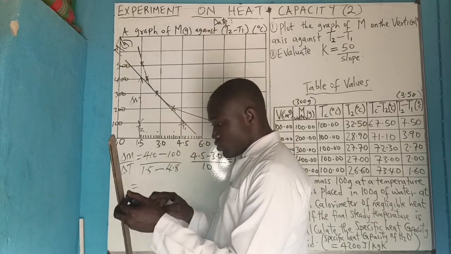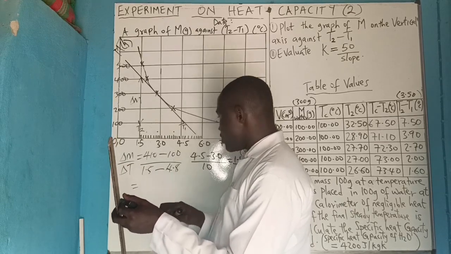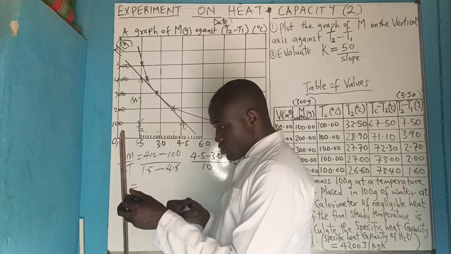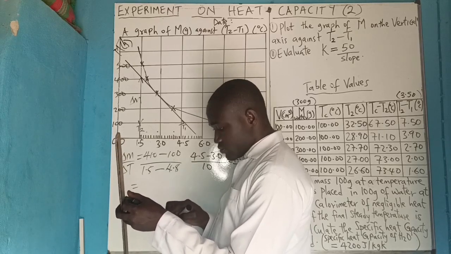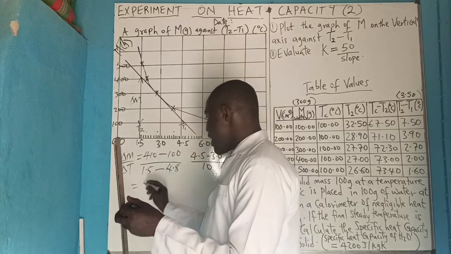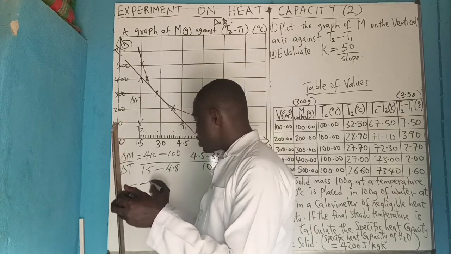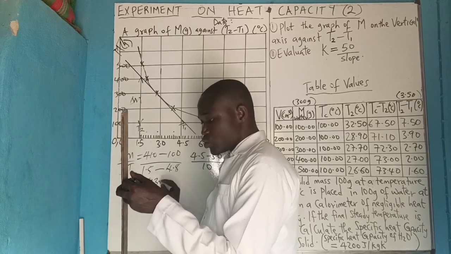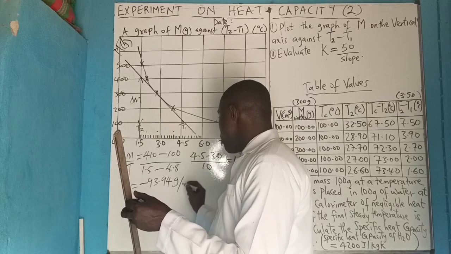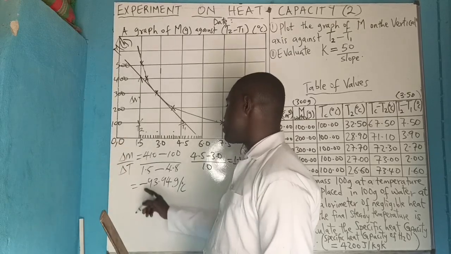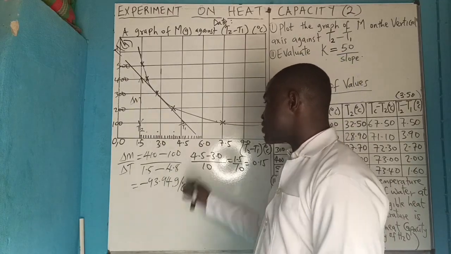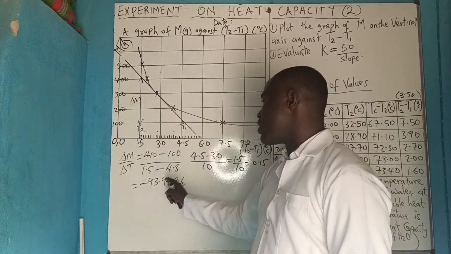That will give you 410 minus 100 divided by bracket 1.5 minus 4.8. You will be having minus 93.94 gram per degrees Celsius, in negative. So we have gotten our slope to be minus 93.94 gram per degrees Celsius.